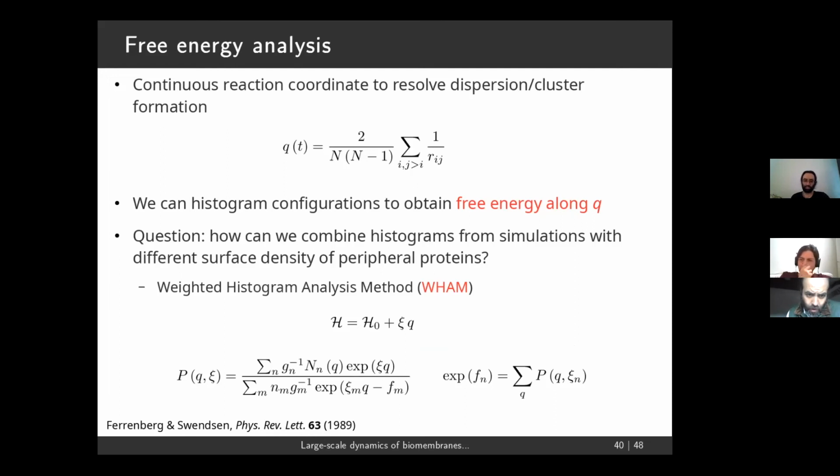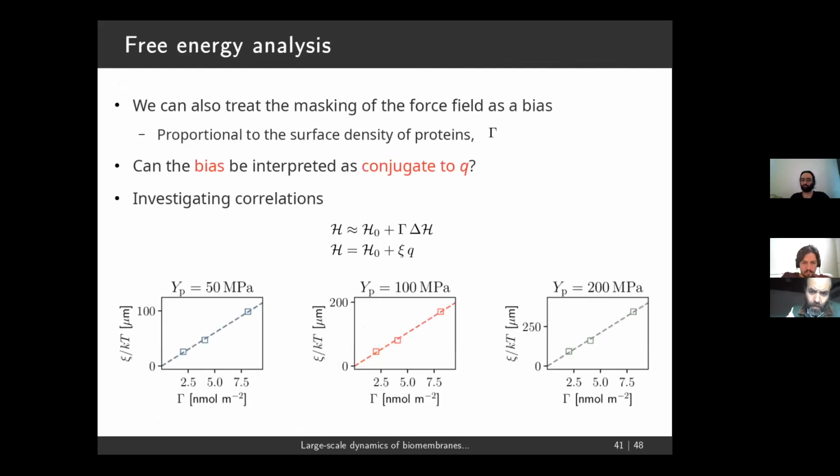The reason that I can use this free energy method is that I am not adding new particles when I change the surface concentration, but just masking the force field. So in the end, everything can be interpreted as a bias in the potential.